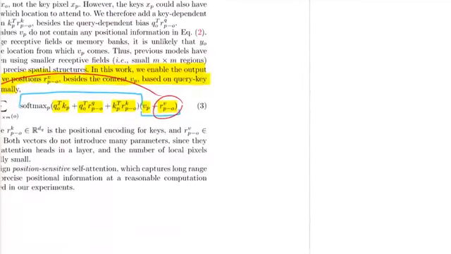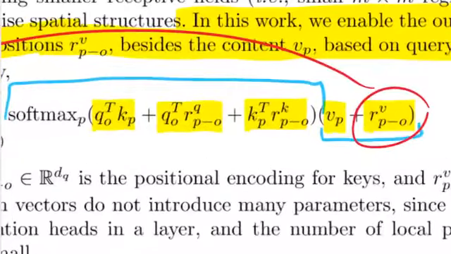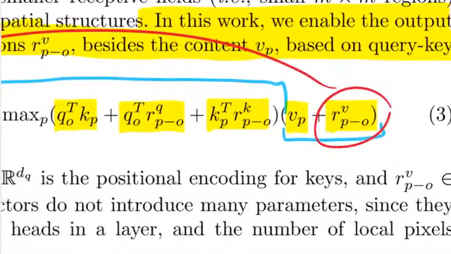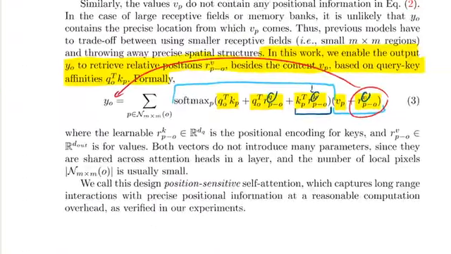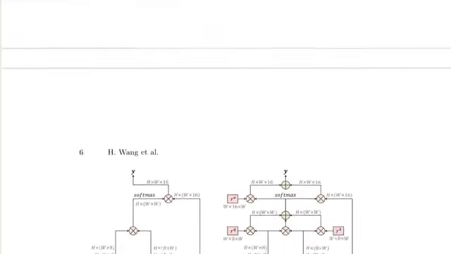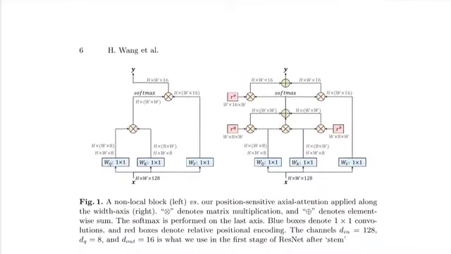I guess that's what that is. Maybe I'm mistaken here, but you can see right here there is an interaction between the keys and the positional encoding right here. Now these positional encodings, they are different for the queries, keys, and values, but ultimately that doesn't make too much of a difference.